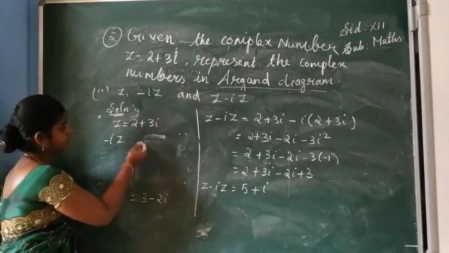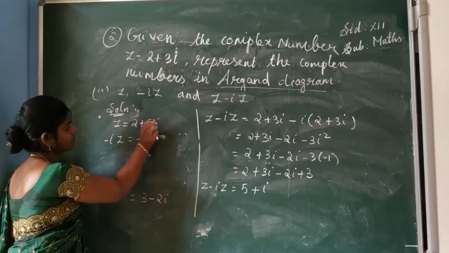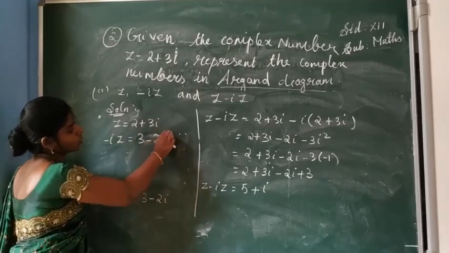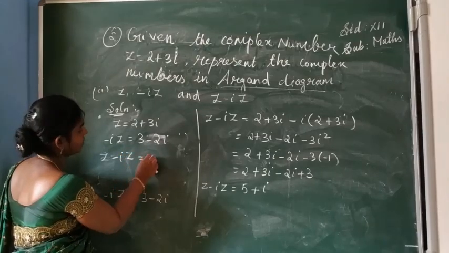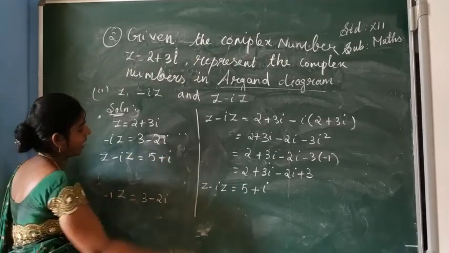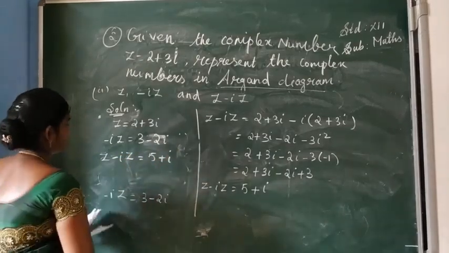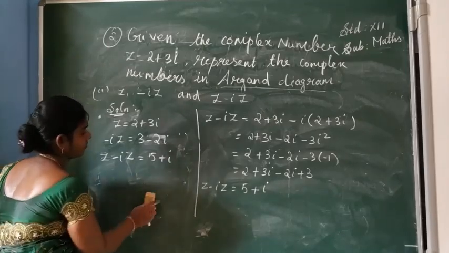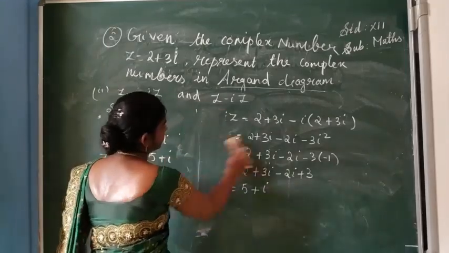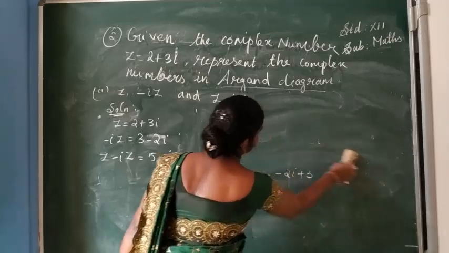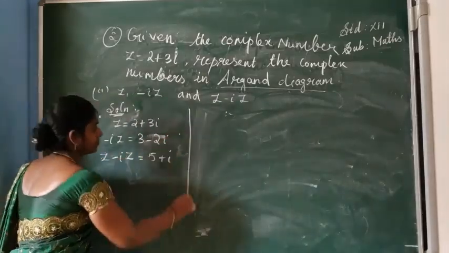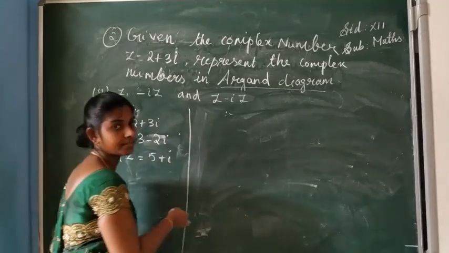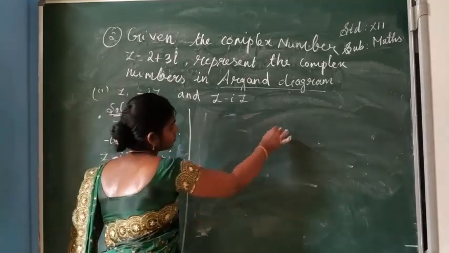So minus i z value is minus 3 minus 2i. z minus i z equal to 5 plus i. We can draw the Argand diagram.